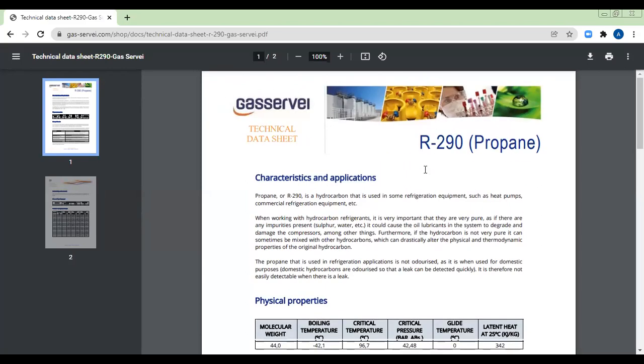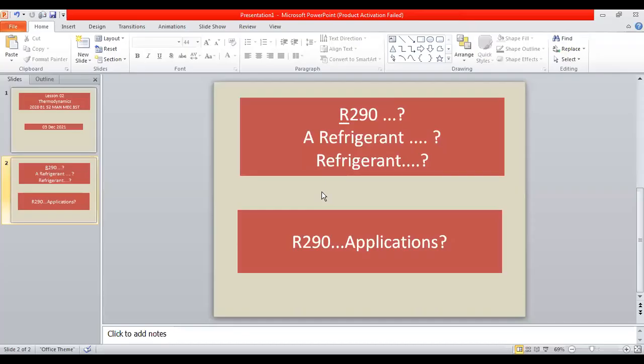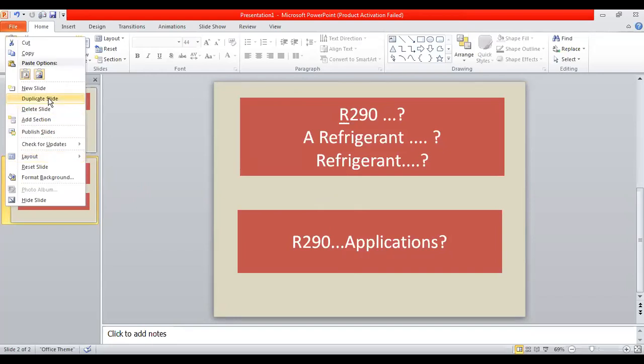When it comes to information, for example, let's say R290, there are technical data sheets available, and in some cases safety data sheets are available. So you have to refer to technical and safety data sheets.